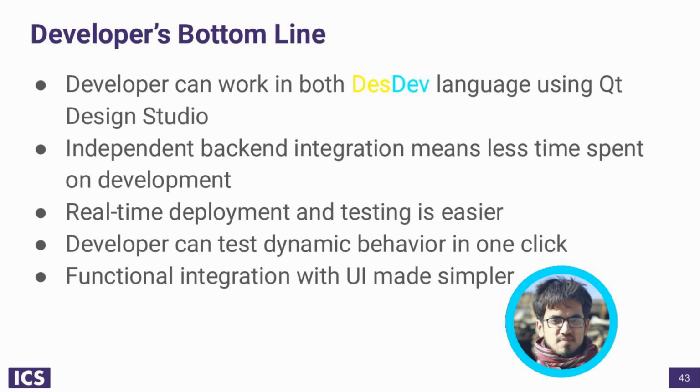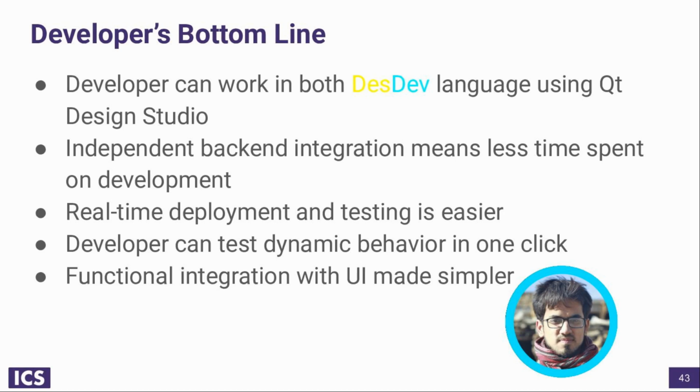The bottom line is that a developer can work in both the designer's and developer's language using Design Studio. Developers get a taste of both working environments, which results in less time spent on integration due to low dependency.